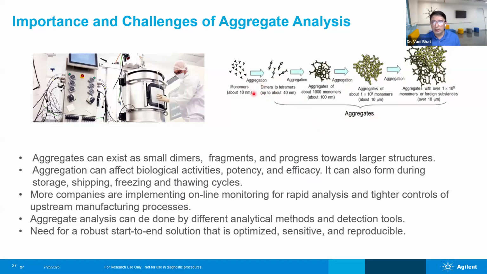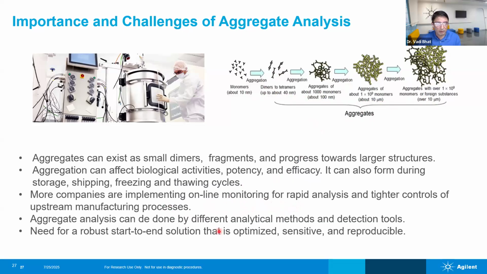Even their sizes, as mentioned here, like 40 nanometer, 100 nanometer, and micrometers, 10 micrometers, are hugely complex. As I mentioned, it has an impact on immunogenicity, and it will not be good if you have aggregates in your samples. One has to analyze and report the status of the aggregates of these biomolecules, including nowadays for therapeutic peptides.